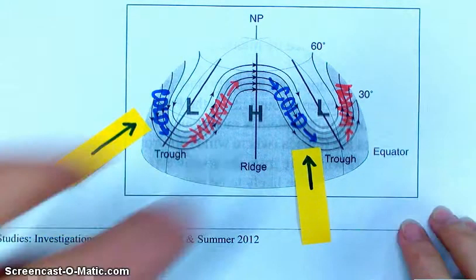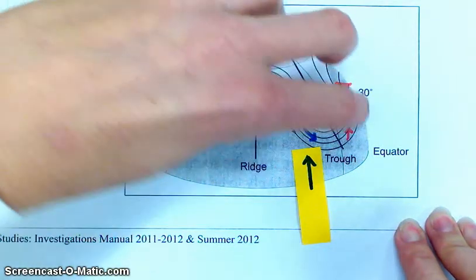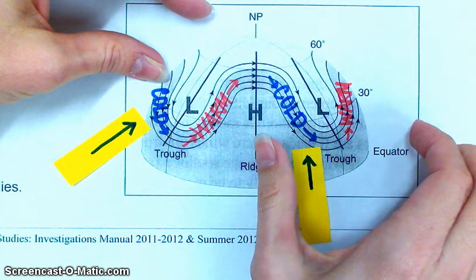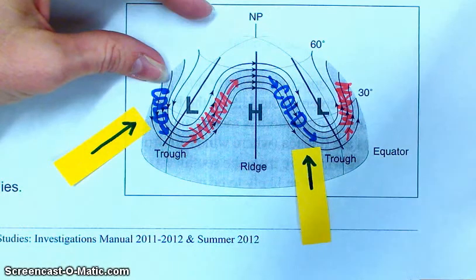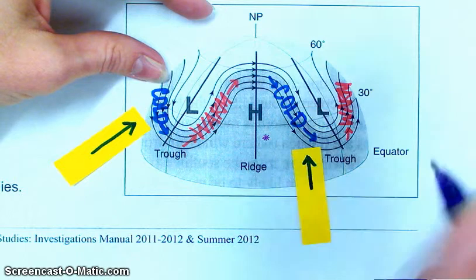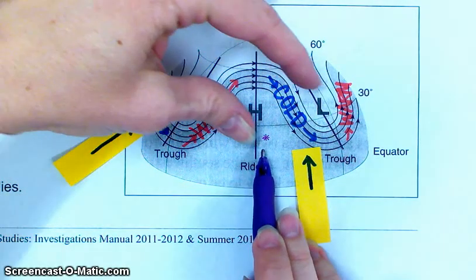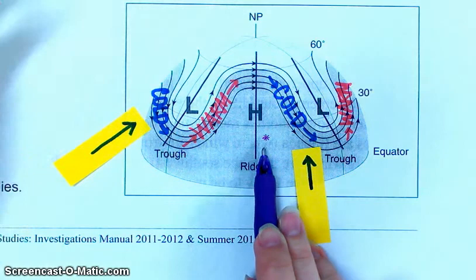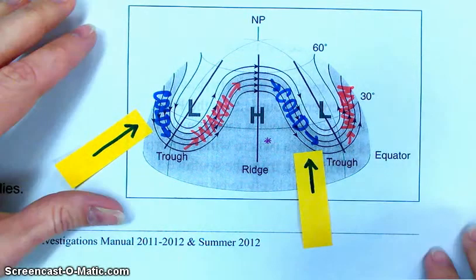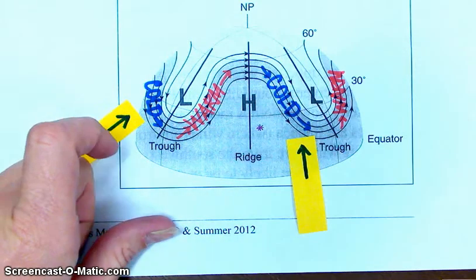So what they're saying is these troughs and ridges don't stay put. They tend to migrate around the globe slowly. If you're in a town located right here, right now you're close to a ridge. But as these move slowly, eventually there'll be a trough close to you because this ridge has moved off. They're just trying to let you know that these do slowly migrate over time.